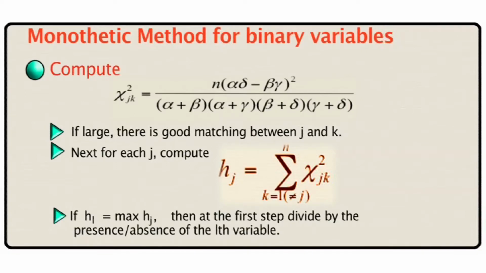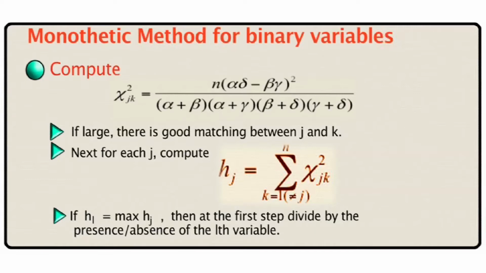And then we take hl as the maximum of hj. So if L gives us the maximum, then at the first step we divide by the Lth variable, put the presence of L in one group and the absence of L in the other group, and then go on to the next step.